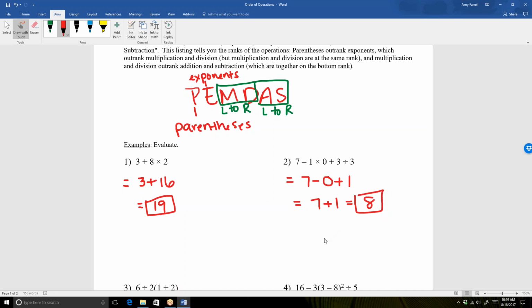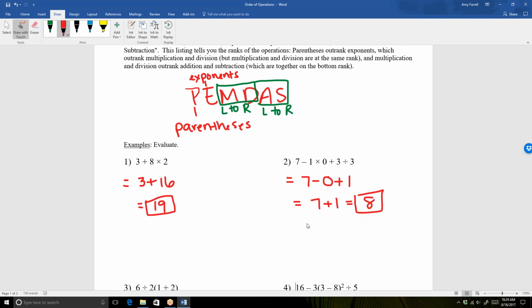The most common incorrect answer from Facebook was 1. The common error was just to do everything from left to right. So if you take 7 minus 1 to get 6, and then take 6 times 0, you get 0, plus 3, which is 3, and then 3 divided by 3 is 1.